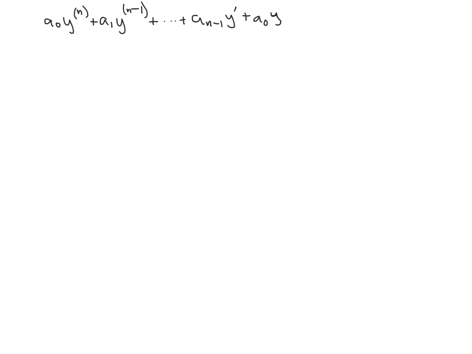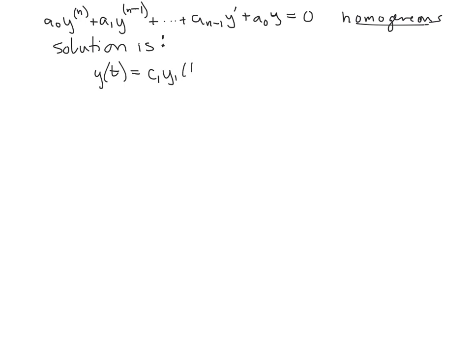Now, if this is equal to 0, so we're looking at the homogeneous differential equation here, then the solution to this differential equation is going to be, and this is called the principle of superposition, some y of t equal to some constant c1 times y1 of t plus c2 times y2 of t plus all the way until we hit c sub n y sub n of t.